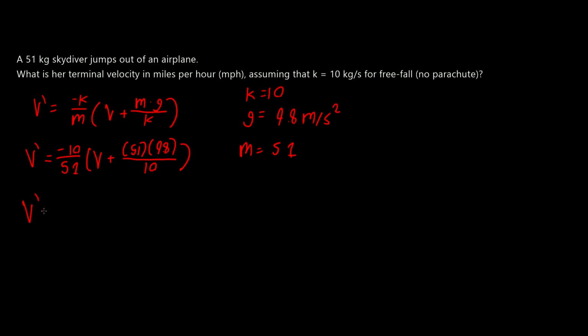Now, we're going to have v prime, and I'm going to leave this fraction alone. The decimal for it is really ugly, so I'm just going to leave it as negative 10 over 51, and then this will be multiplied by v plus, and if you plug all this into a calculator, you're going to get the decimal 49.98.